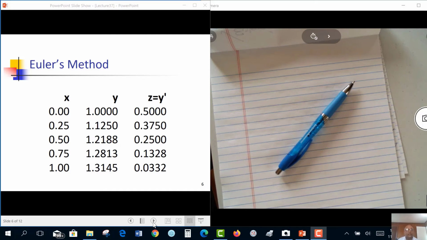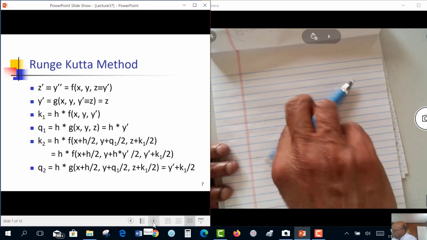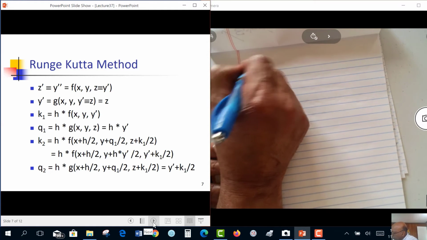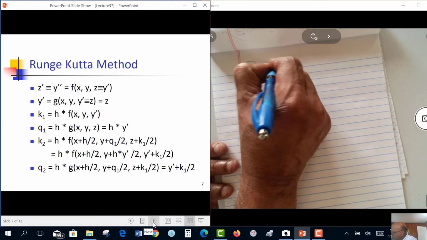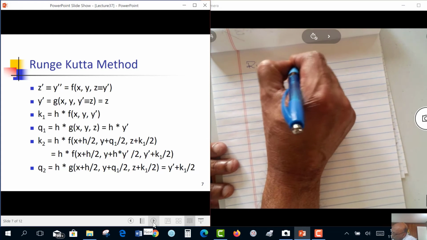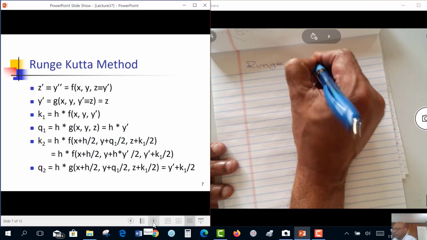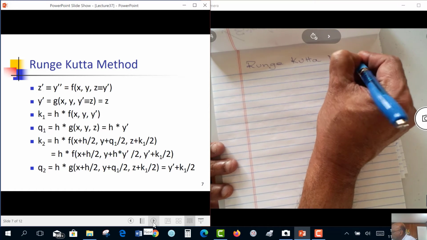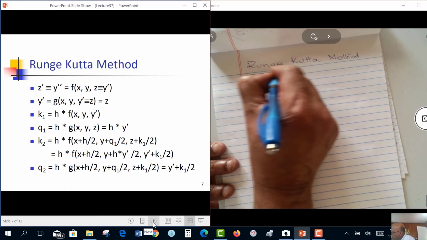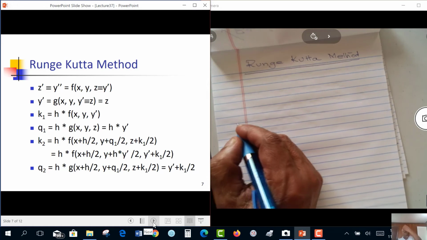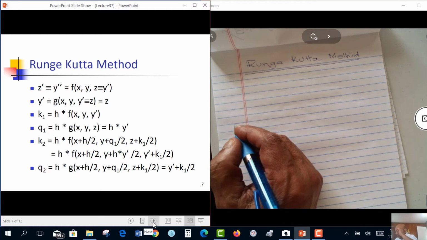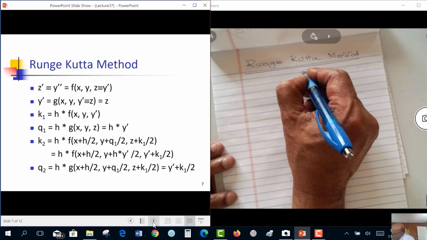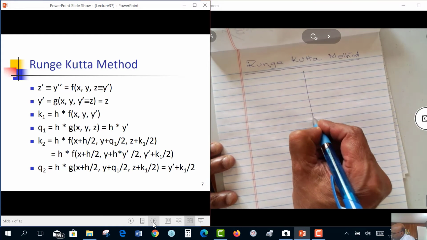Okay, so now let's see how we can solve the problem using the Runge-Kutta method. So let's do the Runge-Kutta method, fourth order method. So we want to solve two first order equations and we are going to solve them simultaneously.